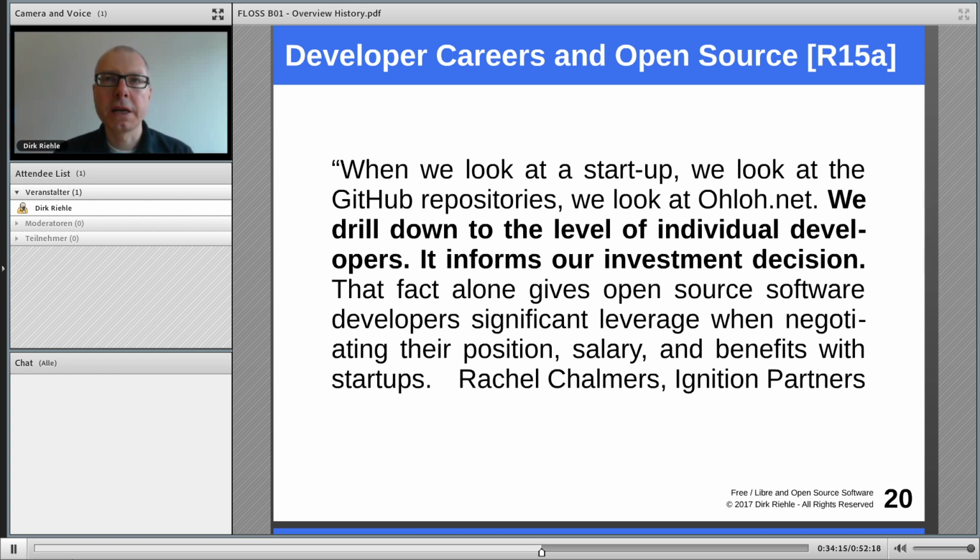And the surprising insight, as one aspect of our study, was that venture capitalists would look at the resumes of the developers of a startup, which usually has a small number of people, and based on the open source portfolio and the position of people, they would adjust their valuation, meaning how much money they thought the startup was worth, as part of the calculation on how and how much to invest. And they would thereby give developers an important negotiation point as part of being a founding team or early employees of a startup.